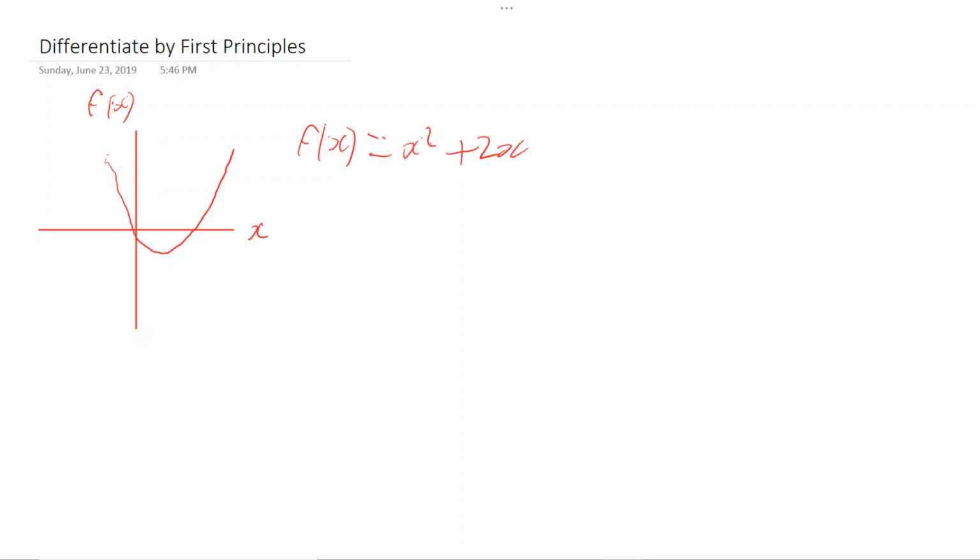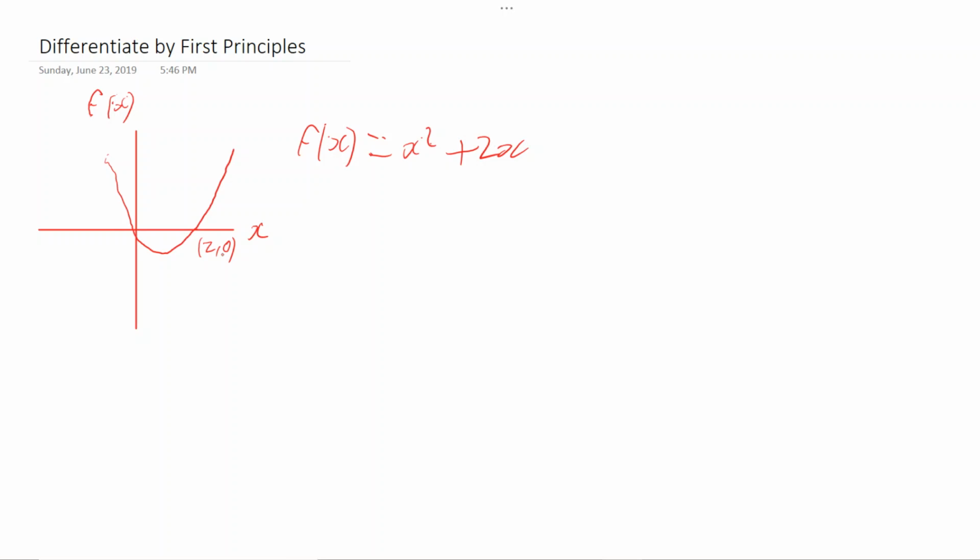So this parabola here, as we can see, to find the instantaneous rate of change at, say, point (2, 0), assuming that's where the intercept is, hopefully. Hopefully I haven't stuffed that up that badly.